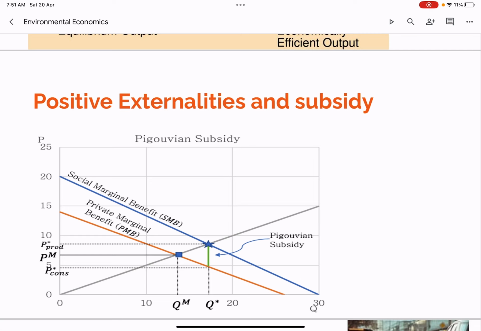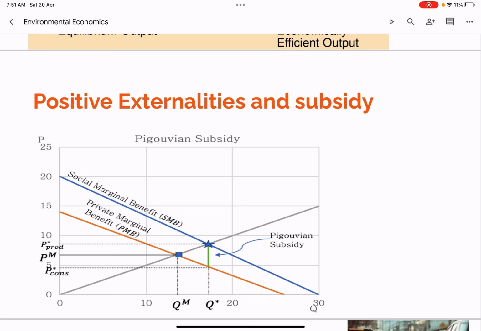right? And with that subsidy, we had taken an example of vaccines. Suppose the government incentivizes the production of vaccines, then how much subsidy will the government give to the producer? It will be equal to the difference between the social marginal benefit curve and the private benefit curve.